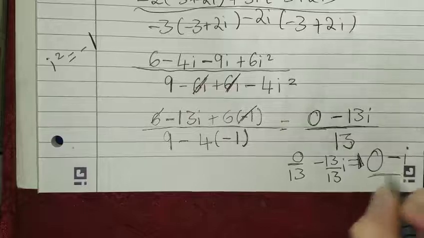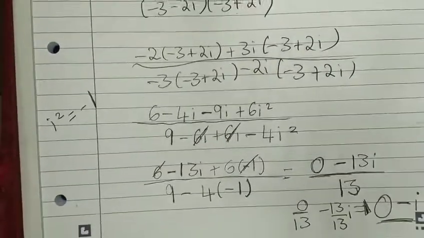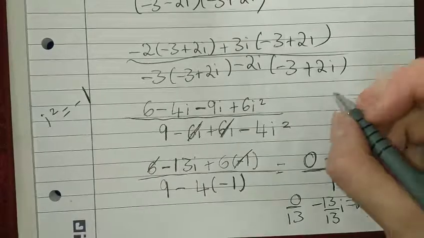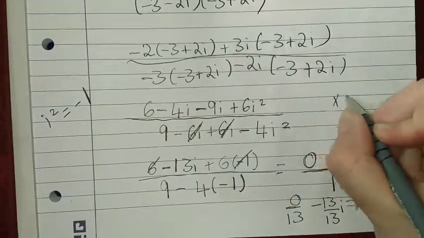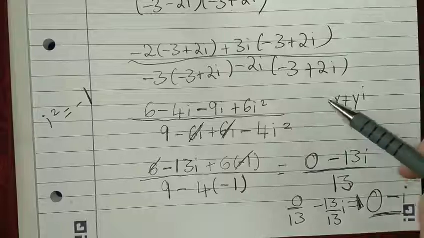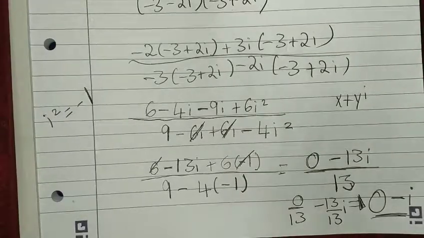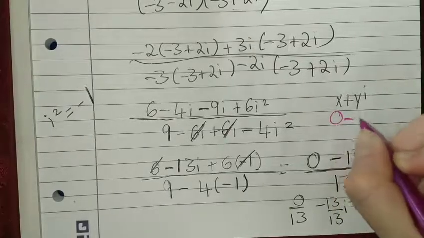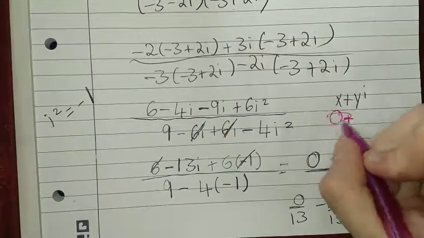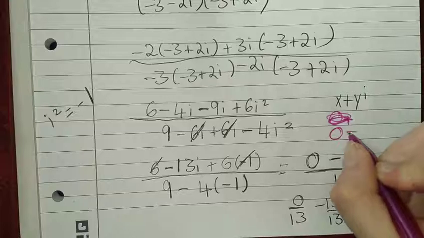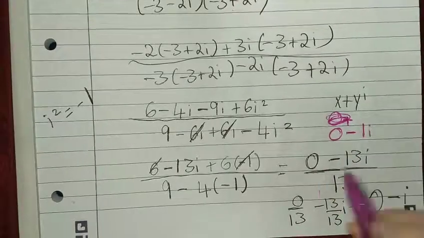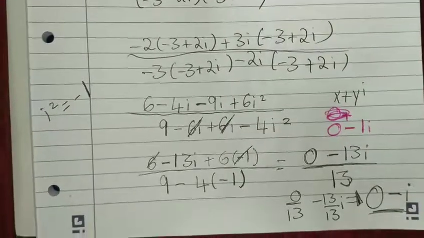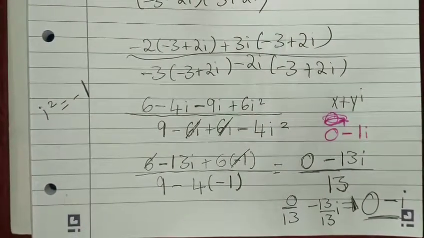So my answer is 0 minus i, and they wanted it in the form x plus yi, where x and y are real numbers, and so I can write that as 0 minus 1i. So 0 and minus 1 are real numbers, so that is my answer for that question.